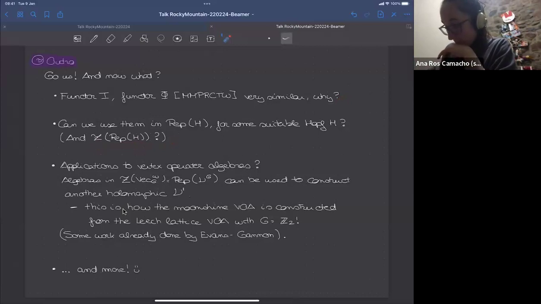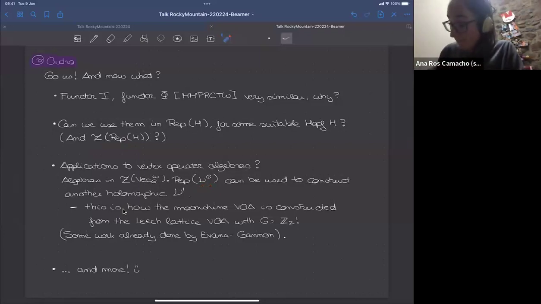But probably, for the audience here, my biggest question, as I was bugging Sven the other day by email, is what happens to vertex operator algebras? It's a well-known story that you can use algebras in these categories to construct other holomorphic VOAs.